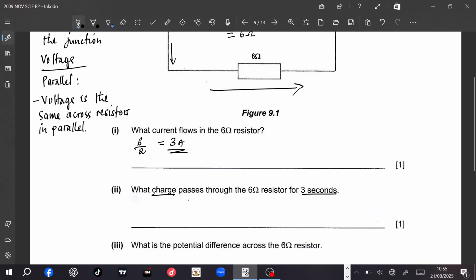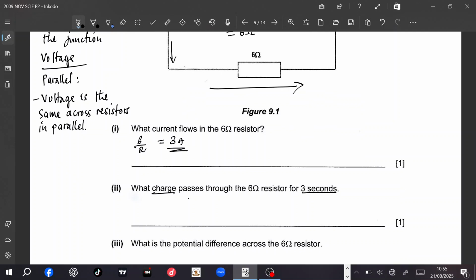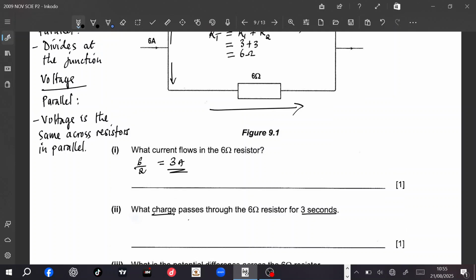So when they ask what charge, and they've given you time, and you also know how much current is passing through the same 6 ohm resistor, you have current I passing through that resistor, which is 3 amps. You have time given, which is 3 seconds.